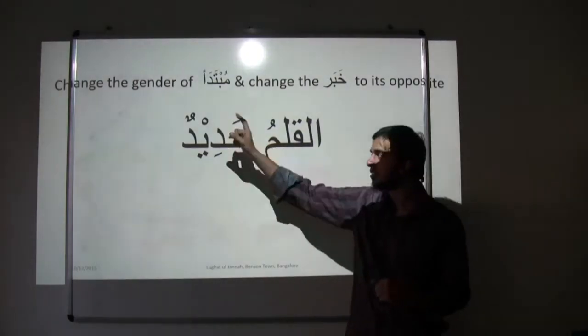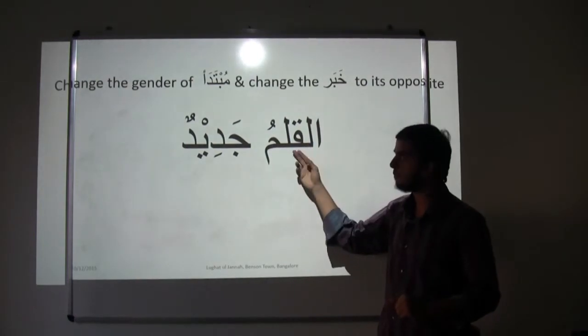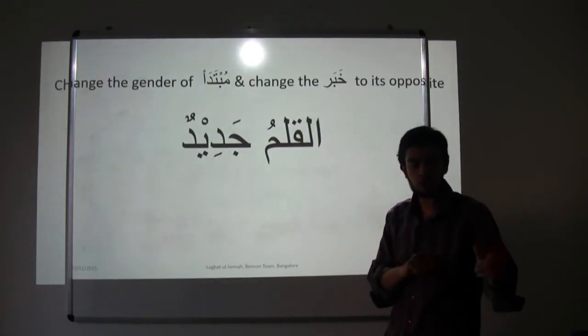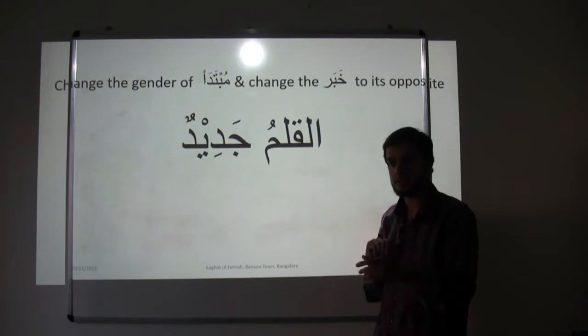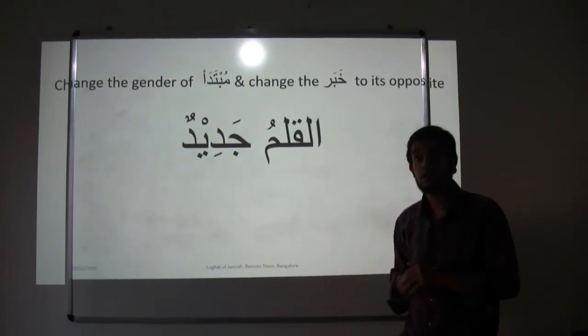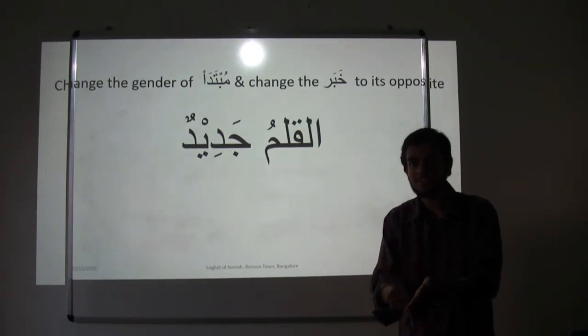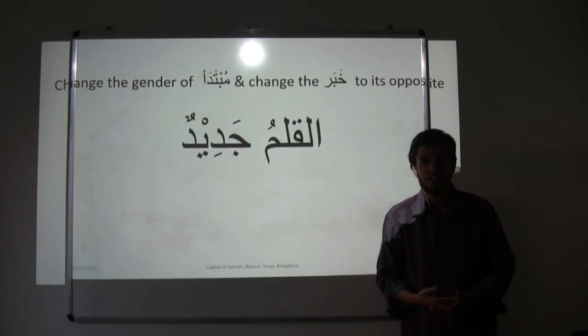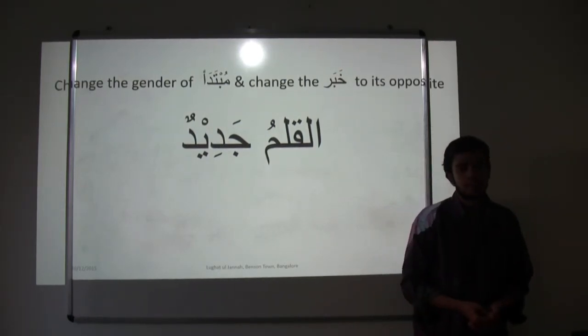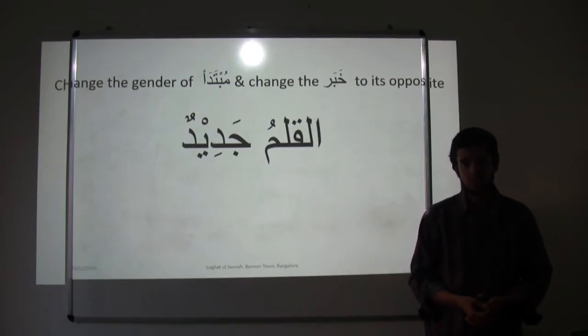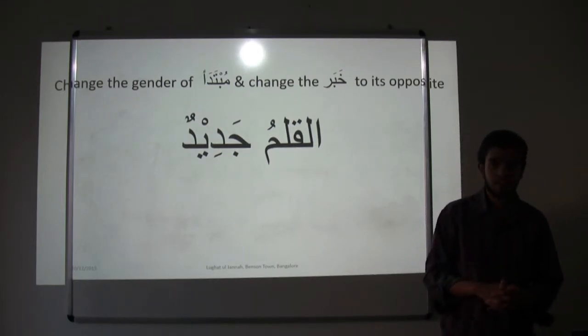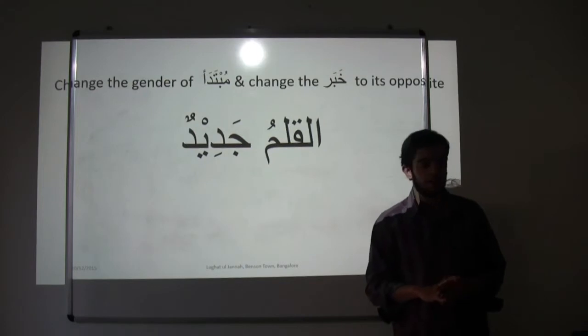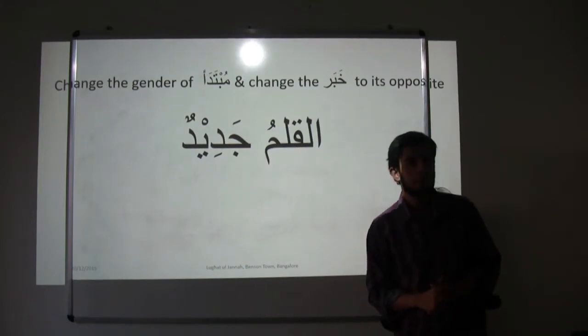For now, to change the gender of this particular mubtada, you use the term for the handbag. What is it? Done. You just told me. What is it? Haqiba. Yes. Al-haqibatu. Al-haqibatu.